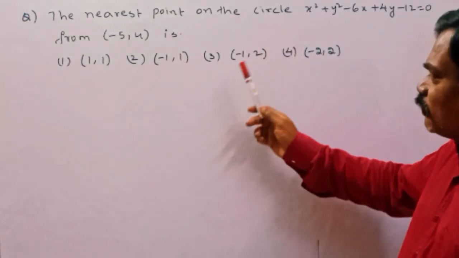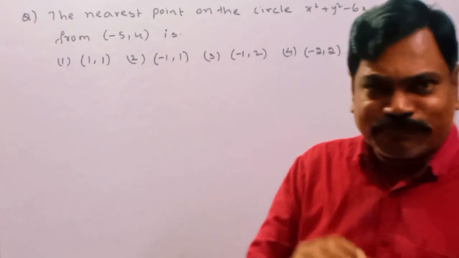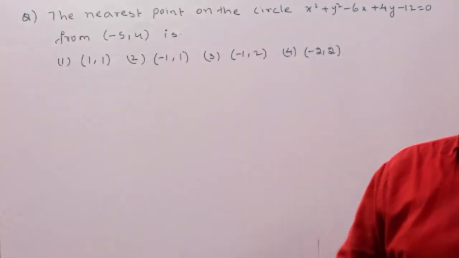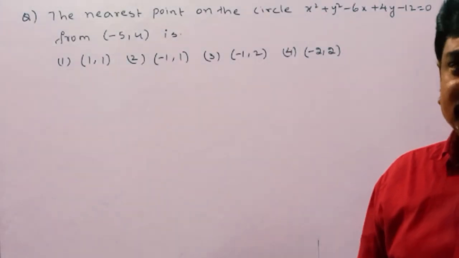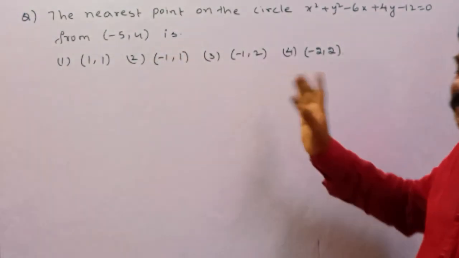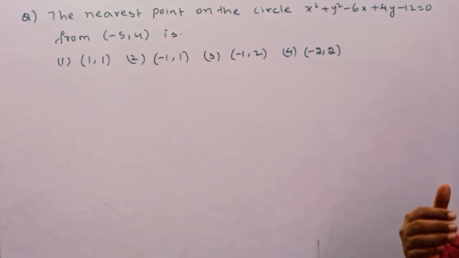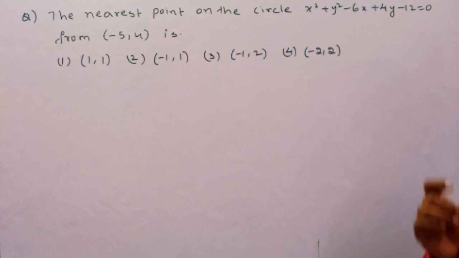First we have to check which point is on the circle. Then you can find the distance between the two points. If two points are there, you can find the distance between the two, and the nearest one is the shortest distance we have to find.